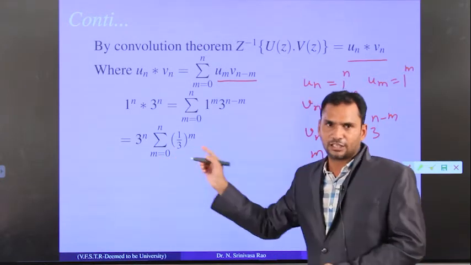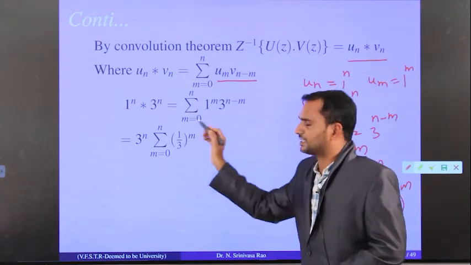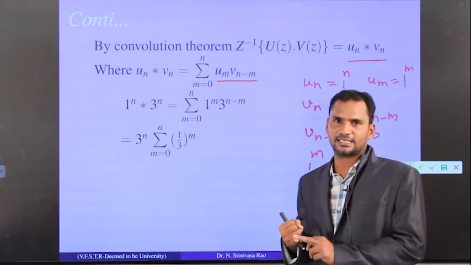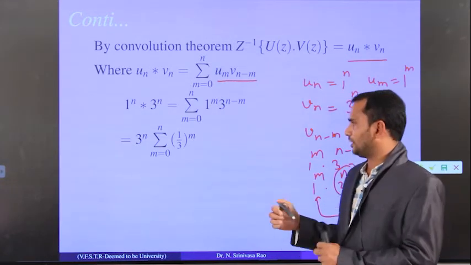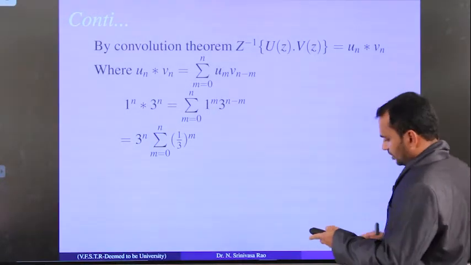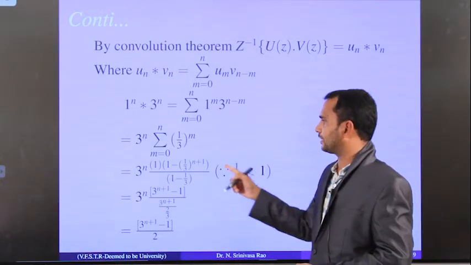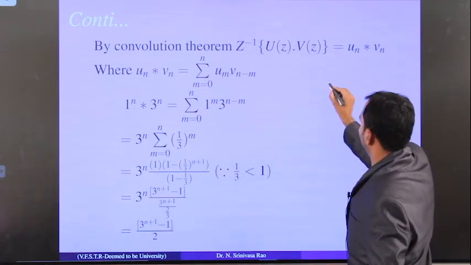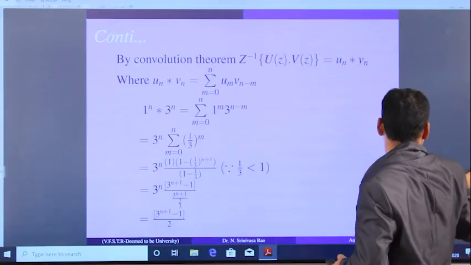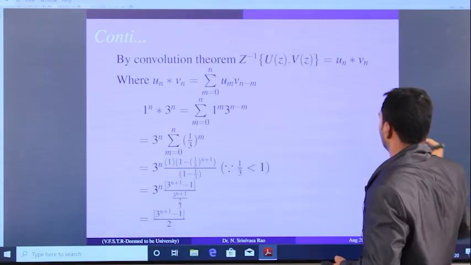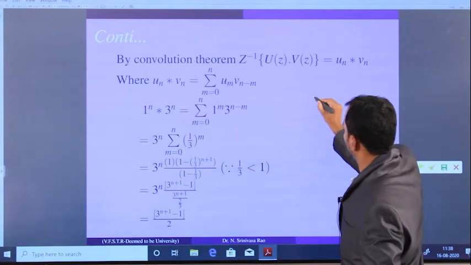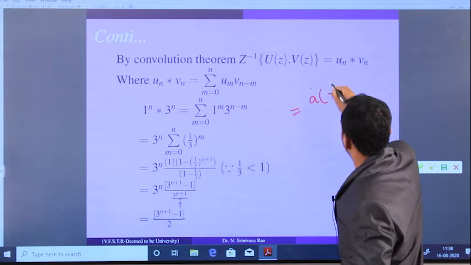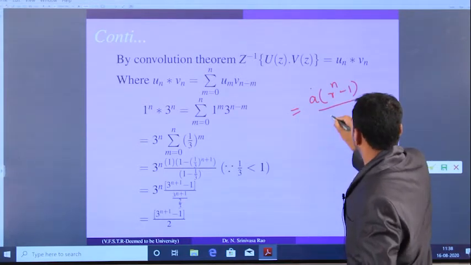So now the question is how to simplify this series. For that you should have knowledge about geometric series and arithmetic series. Now look at this. For finding this series sum, we are going to use the geometric progression formula. The formula is a into r power n minus 1 divided by r minus 1.